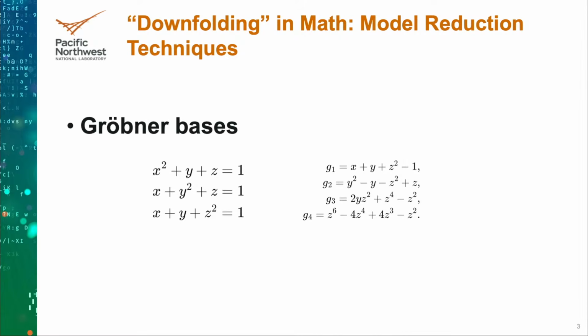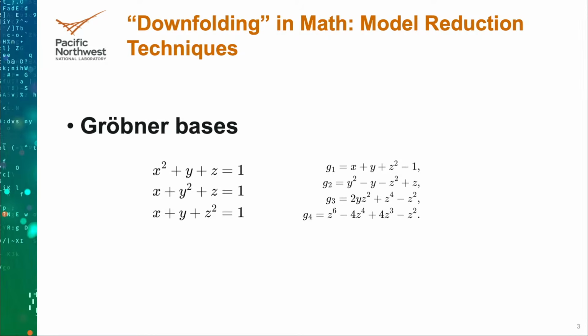So you start eliminating using some lexicographical order, and at the end of the day, you end up with a polynomial in a single variable. And this polynomial in a single variable describes what, in that case, variable z feels as a part of the initial set of polynomial equations. So this gives you an idea how it works.